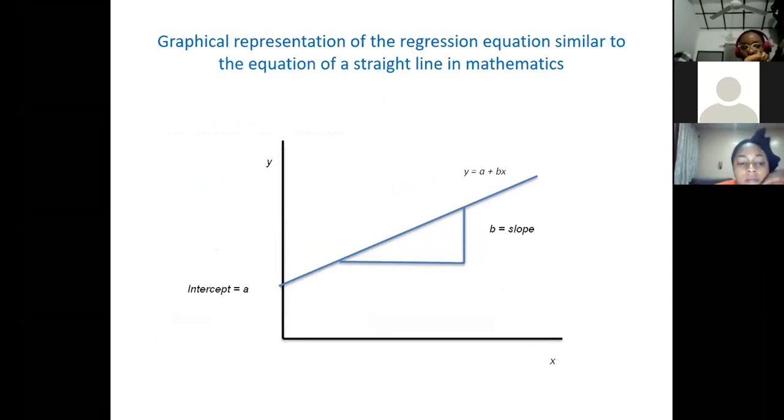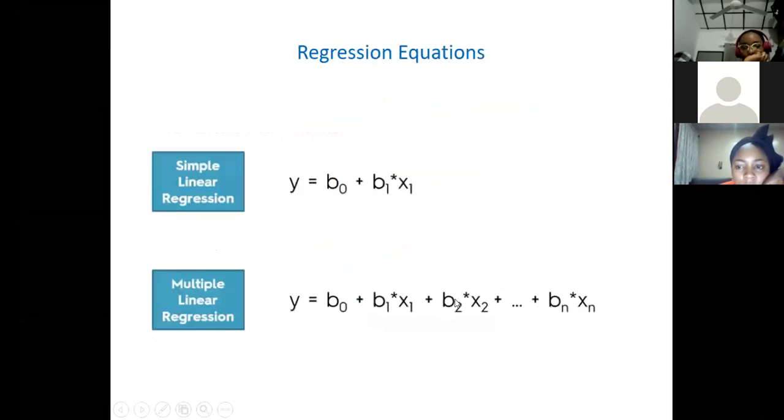Instead of calling the intercept C, they call it A. Then instead of calling the slope m, it is called B. So instead of saying slope, you now say regression coefficient. So B is the slope, y, x. A is the intercept where it crosses the y-axis.